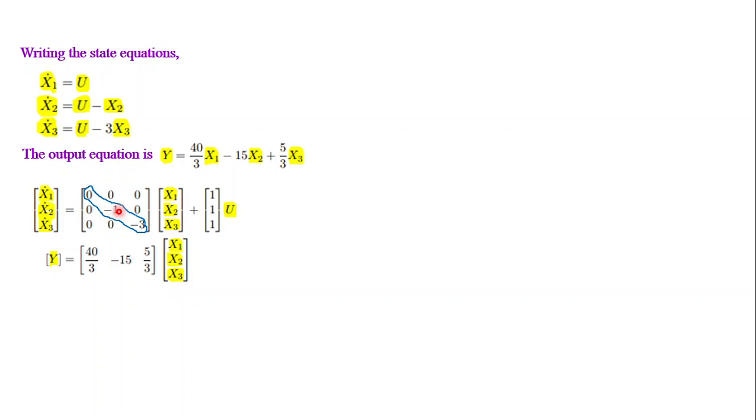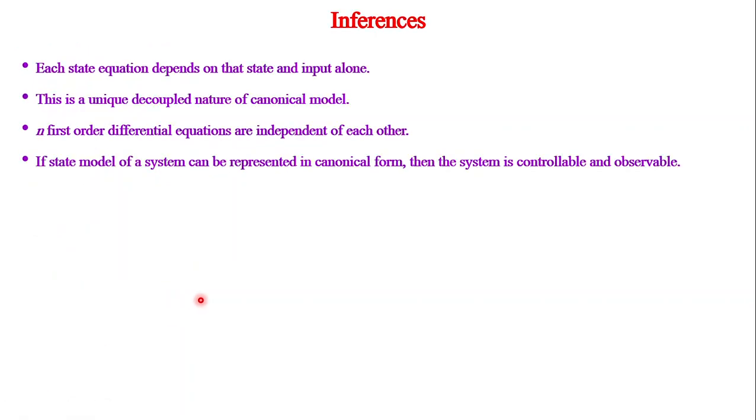It will be definitely controllable and observable. Therefore, all the controllable and observable systems can be represented by canonical state models. So I think I have made you understand how to represent the state space representation using the canonical form.